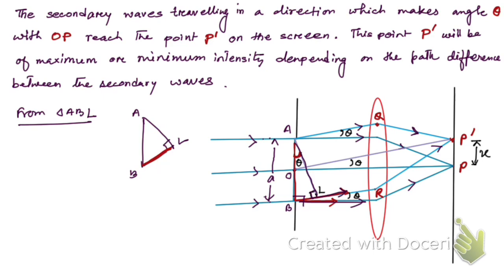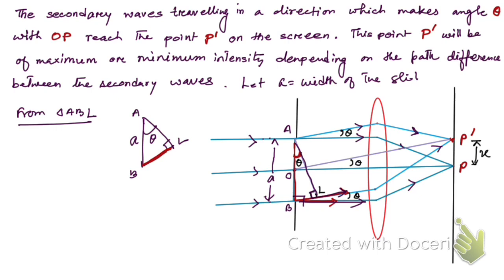Okay, so let me clean this. Okay, now you see, path difference is BL. So how to obtain this? We know this angle is theta, right? This angle is theta, and the length of this AB, that is the width of the slit, is small a, right? We have considered that the width of the slit is small a. So let small a be the width of the slit.